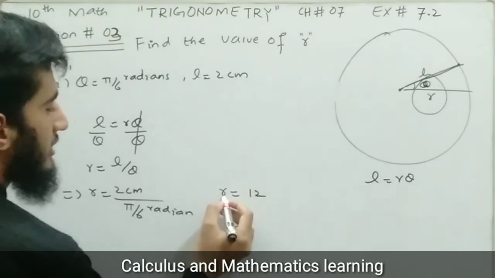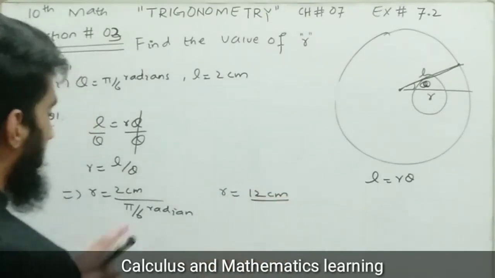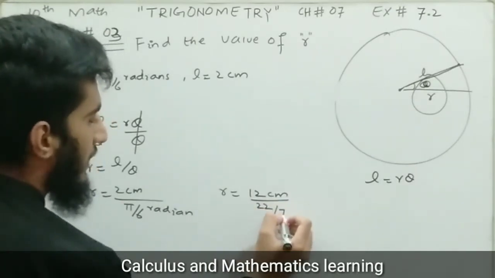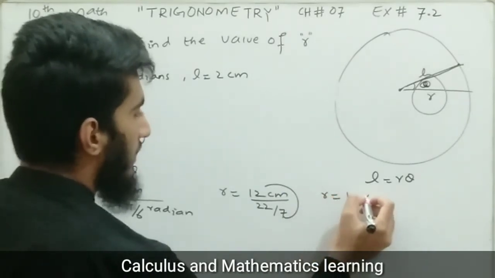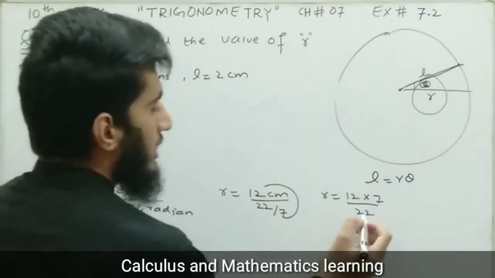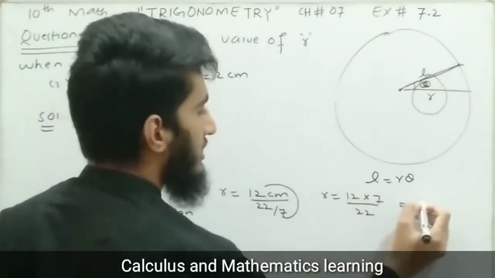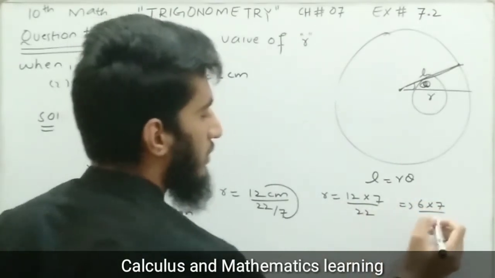And you know that radius is actually a distance, so its unit is centimeter. So 12 centimeter divided by pi. You know that pi is actually 22 divided by 7. So 7 will move to the numerator. So the value of r will be 12 multiplied by 7 divided by 22. Now divide 22 and 12 by 2. So 12 divided by 2 gives us 6, and 22 divided by 2 gives us 11.